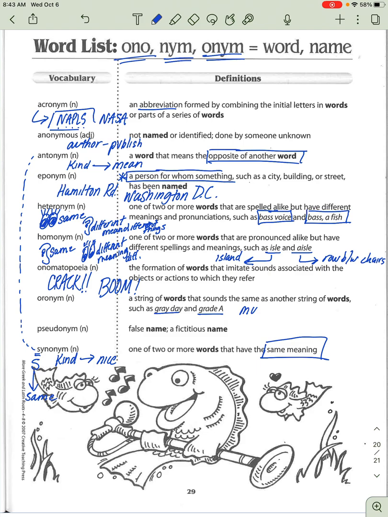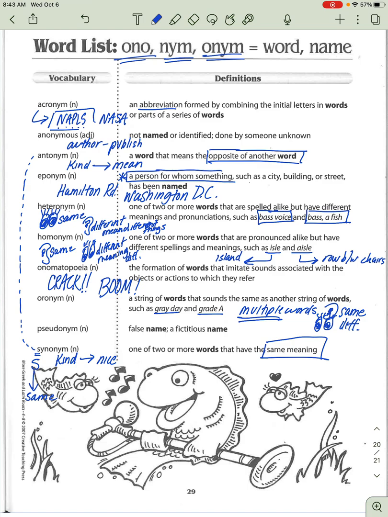So multiple words that sound the same, but look different, okay? But it's gotta be multiple words in a string. That's the big thing that makes it different from heteronym or homonym, okay? Multiple words is that ONYM.